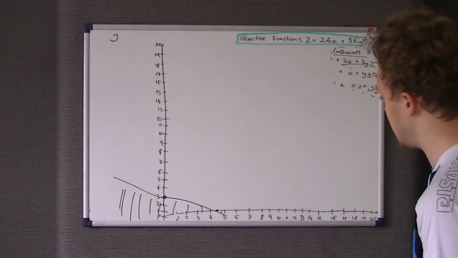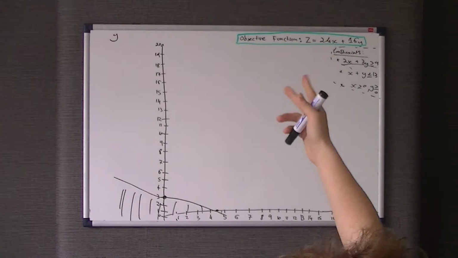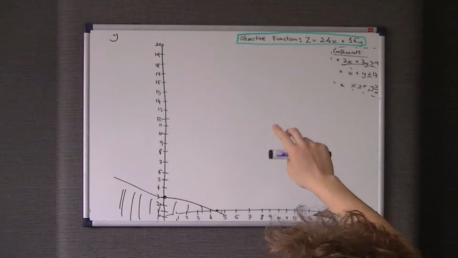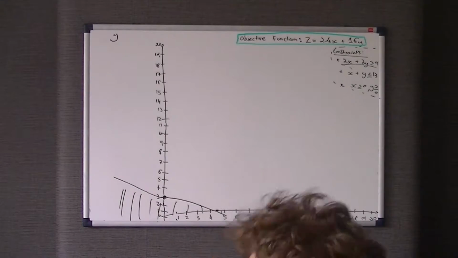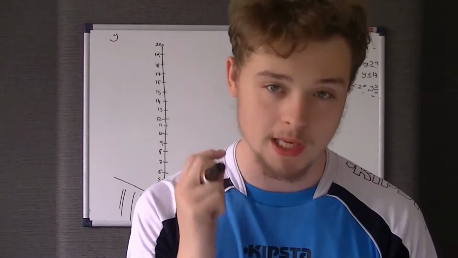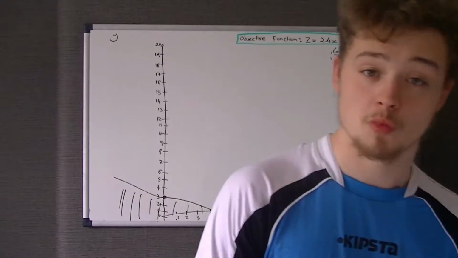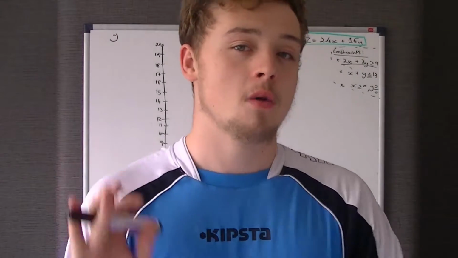So even if it fits all of the others, because it doesn't fit the first one, we can't allow it to be in our finite region, because we need the area that eventually fits all the constraints. We've said that for this objective function, we're looking at where it's maximised and minimised, but we'll get onto that later on.